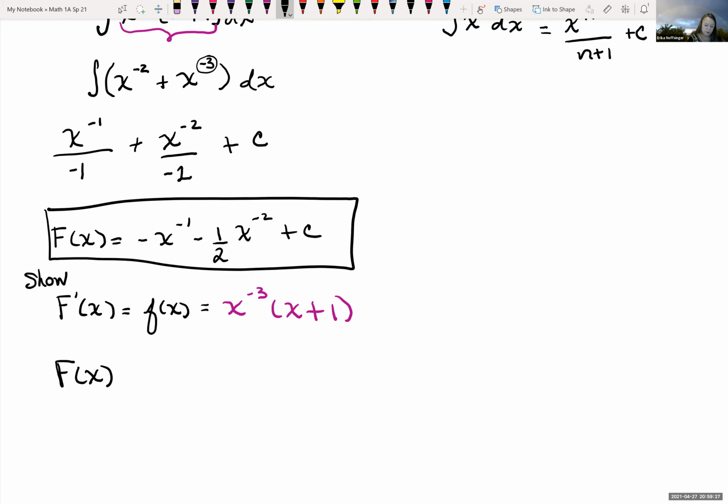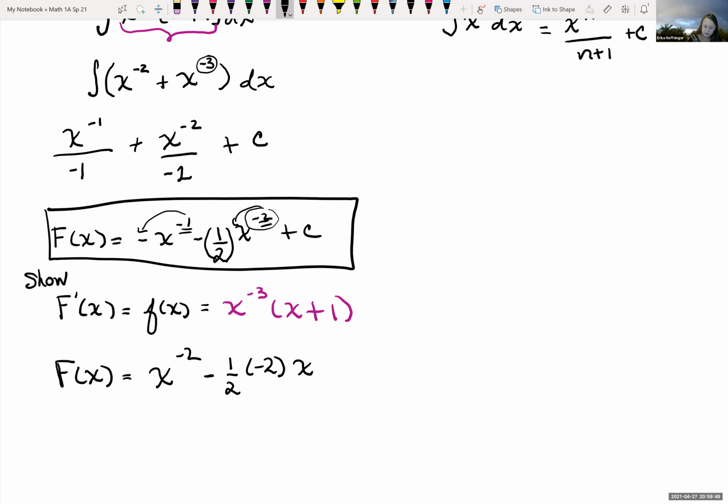Taking the derivative here, bringing down our power down front, -1 times -1, that's +1. x, subtract 1 from our power, that's a -2. Minus our coefficient 1/2. Bring our power down front, so that's a -2.